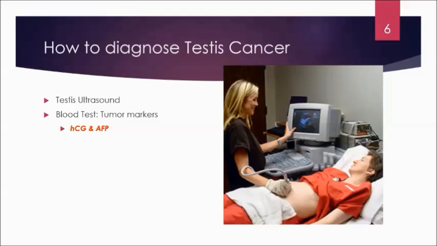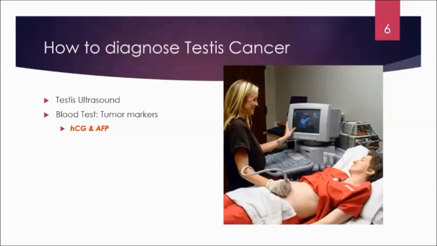And then the most important thing also to do is what we call the tumor markers. I want you guys to be very familiar with these terms, tumor markers. There are two tumor markers that we use for testicular cancer, and we use them all the time. One of them is called HCG, and the other one is called AFP, or alpha-fetoprotein. These are very specific and sensitive for testicular cancer, and they are similar to other tumor markers, such as PSA for prostate cancer.